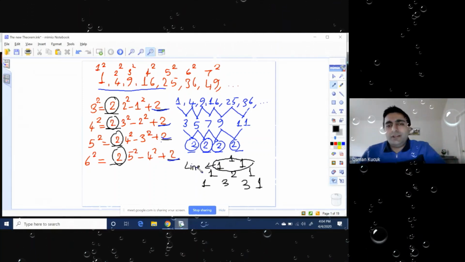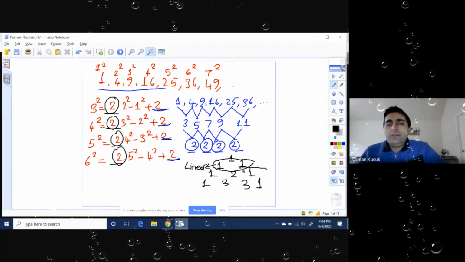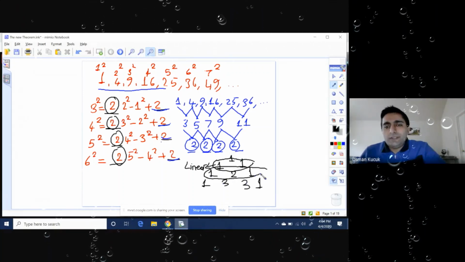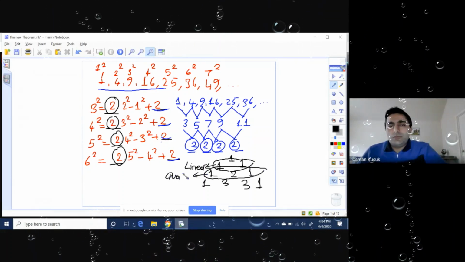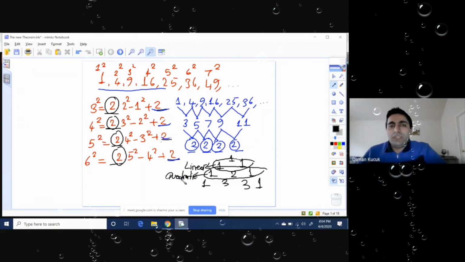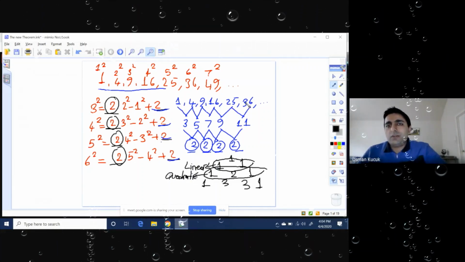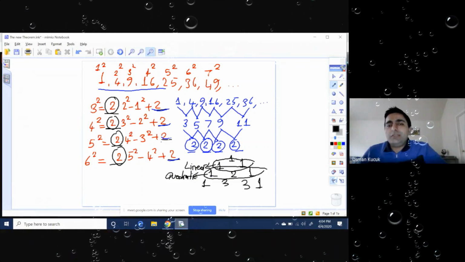So 1 and 1 are the coefficients of a linear equation. If you have a quadratic equation, the coefficients of it must be 1, 2, and 1. Since perfect squares form a quadratic sequence, the coefficients must be 1, 2, and 1.